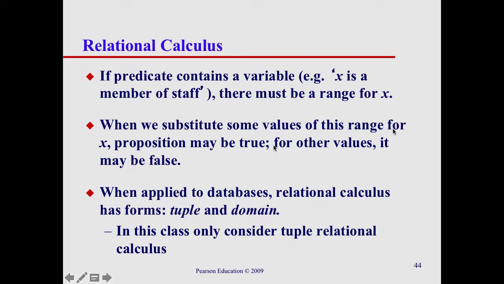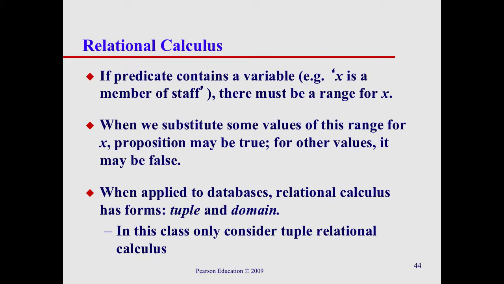And the basic thing is the predicates contain variables. Okay? So there's two types of variables. There are things called tuple variables, and these are variables that range over each tuple in the relation. And they correspond to what you see in the from part of an SQL query.